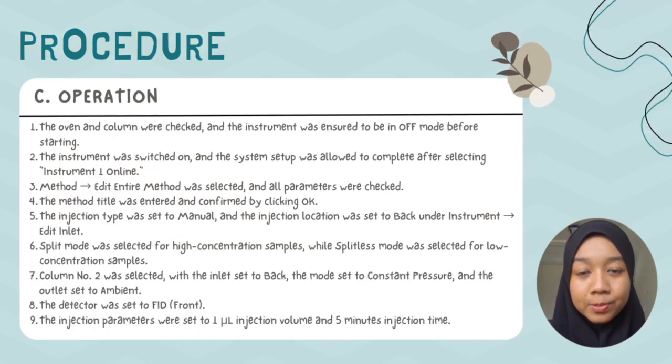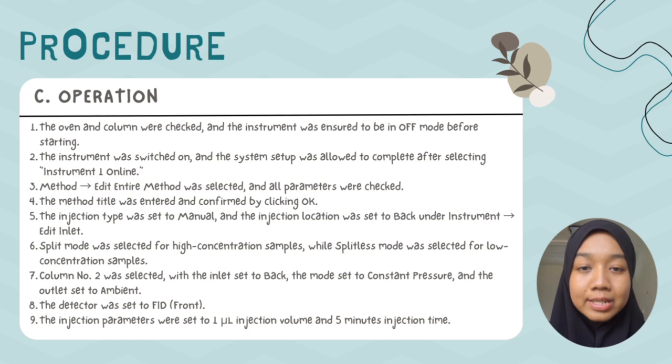For instrument operation, the injection type was set to manual, and the injection location was selected as spec. High concentration samples were run in split mode, while low concentration samples were run in splitless mode. Column number 2 was selected with the inlet set to the back, the mode set to constant pressure, and the outlet set to ambient.